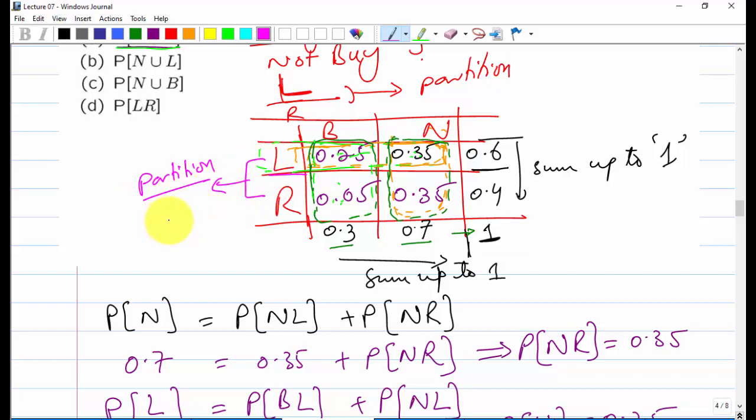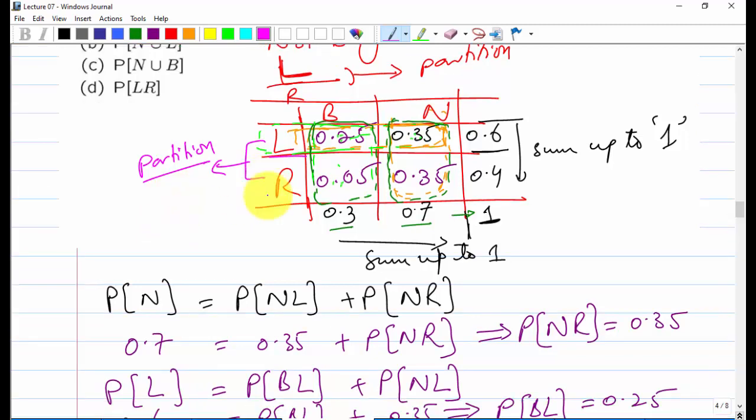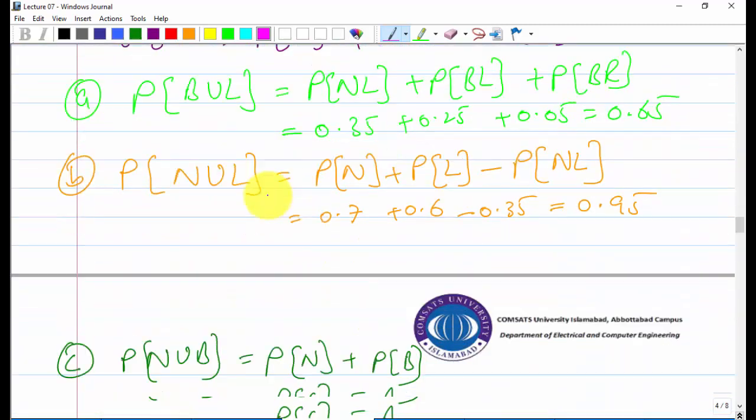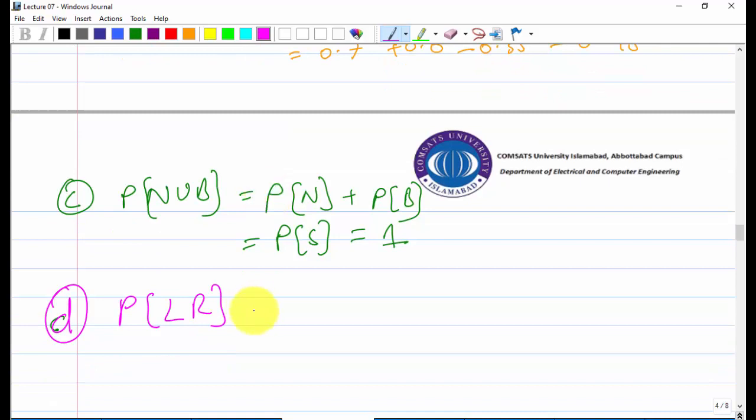So therefore there is nothing common in between them, so obviously this will result into a null set. Sorry, I will write it like this: probability of null set, and from the basic definition we know that the probability of null set is 0.